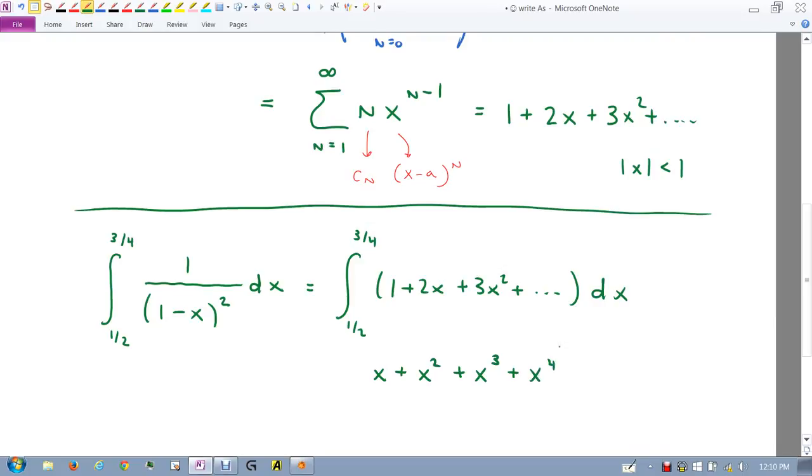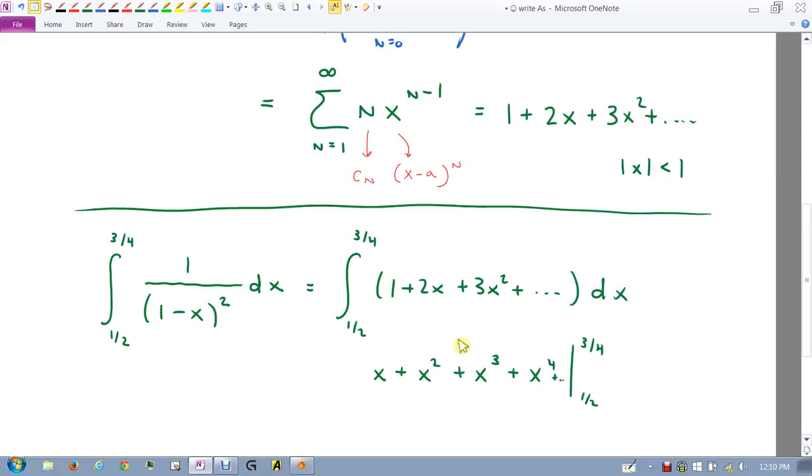Plus x to the 4th, evaluated from 1/2 to 3/4, plus dot, dot, dot. So I plug in 3/4, I plug in 1/2, I subtract the two. And I would have an approximate answer, wouldn't I? The further I go out, the better my answer is.